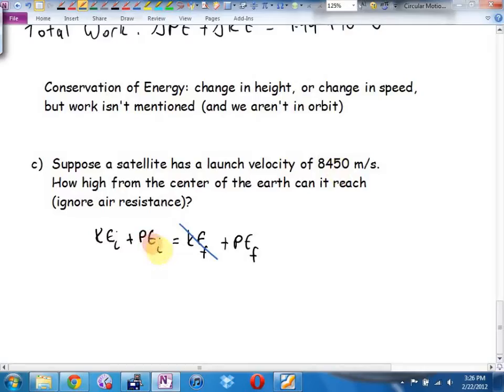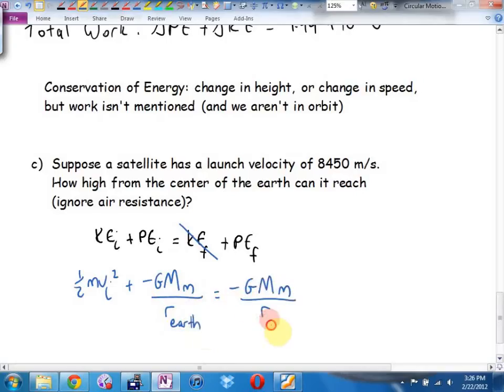If I was using MGH, I can't use MGH because g is changing. So this is going to be a half m v initial squared plus negative big G, big M, little m, all over R Earth, because that's my initial, equals negative big G, big M, little m, all over R final.